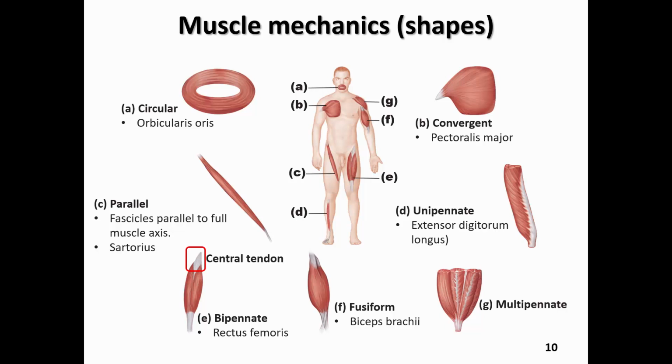And the last shape here is multipennate, in comparison to a unipennate and a bipennate muscle, where the deltoid muscle does have that triangular shape, but there are different clusters of that muscle that have more than two different directions of the fibers that converge to that tendon where it attaches onto the humerus.